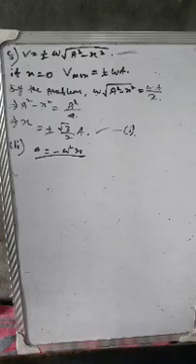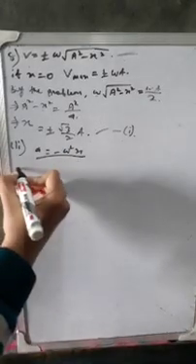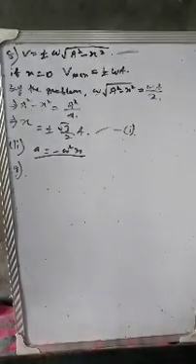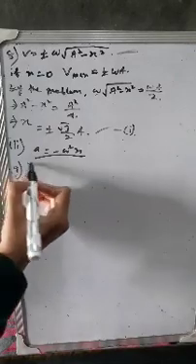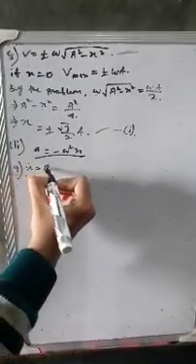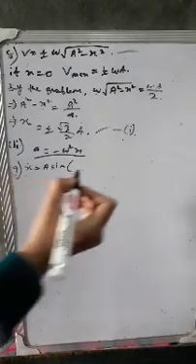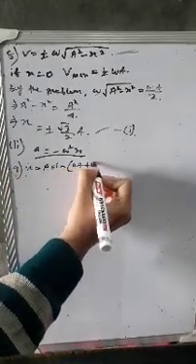Your next sum is question number 9. I'm dictating the question. The time displacement equation for SHM is given by x equals a sine within bracket omega t plus theta.